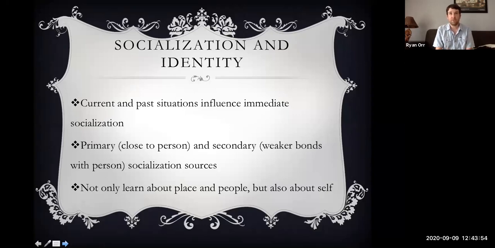So here, current situations can be in terms of feelings. One's emotional state can often influence how they interpret the social world. Those who typically are at a higher level of emotional state, higher levels of mental health, are typically more optimistic about what they learn about the social world compared to those who are struggling with mental health, those who have depression.